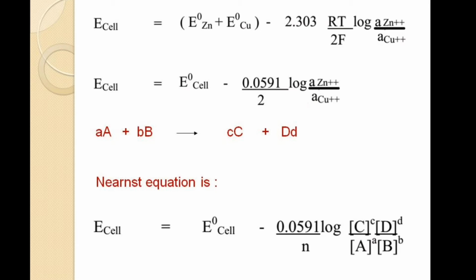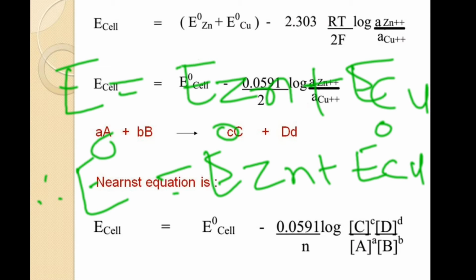So you get E cell is equal to E0 zinc plus E0 copper minus 2.303 RT upon 2F log to the base 10 activity of Zn2+ ion divided by activity of Cu2+ ion. As you know, E is equal to E Zn plus E Cu, so for E0 the relation is that E0 is equal to E0 zinc plus E0 copper.